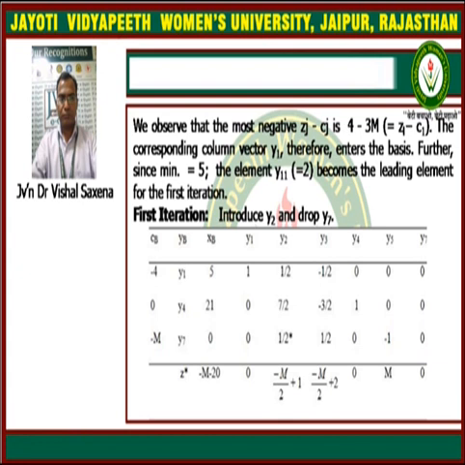So again we will apply the simplex method here, and we can see now which is the most negative value in this table in Z star. Z star means Zj minus Cj.